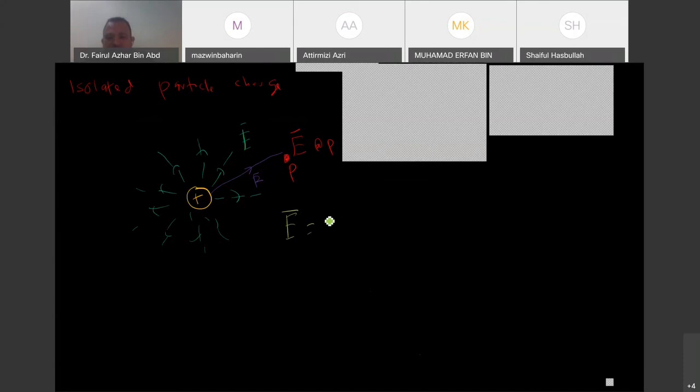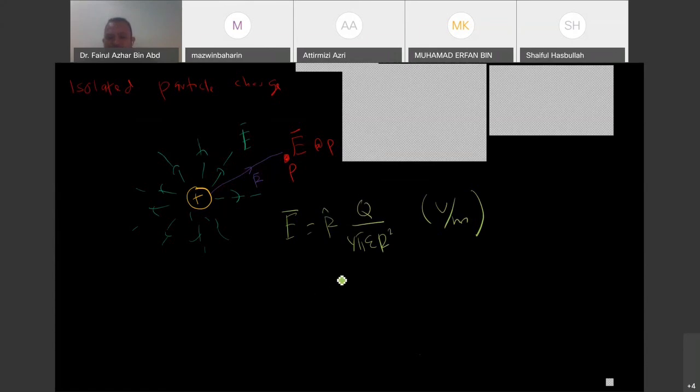So we have R cap, Q divided by 4 pi epsilon R squared. The unit is volt per meter.